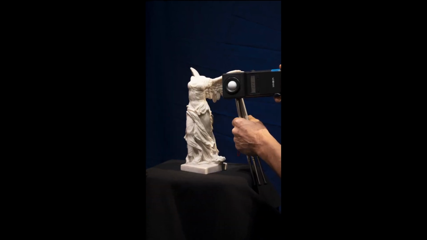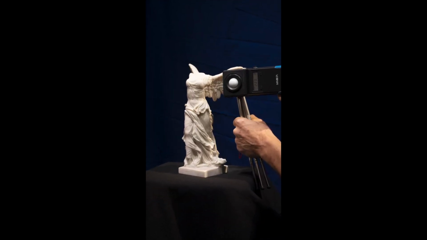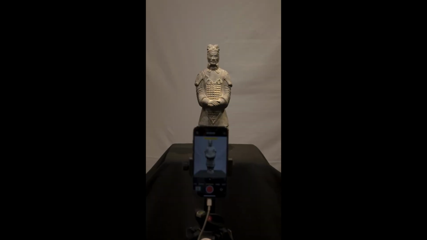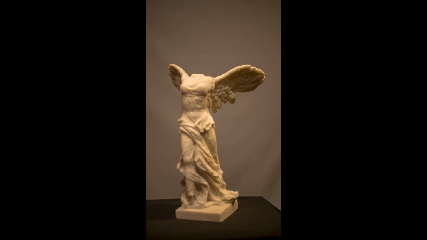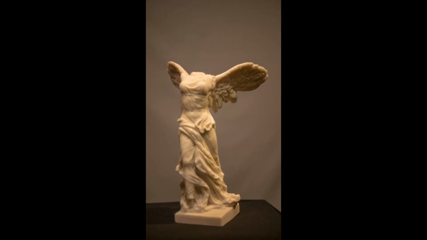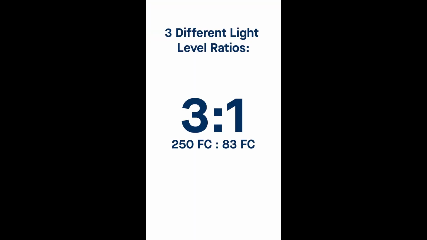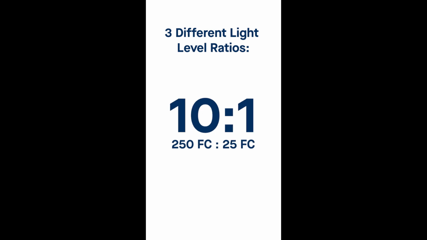In terms of grayscale values, we will look at light and medium figurines against light and medium backgrounds at 3 different light level ratios between the figures and the backgrounds: 3:1, 5:1, and 10:1.